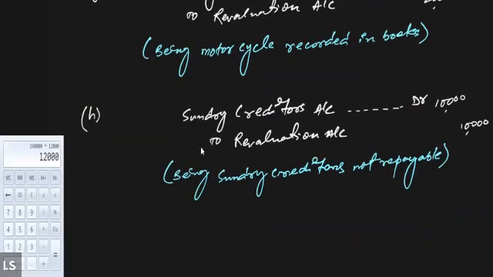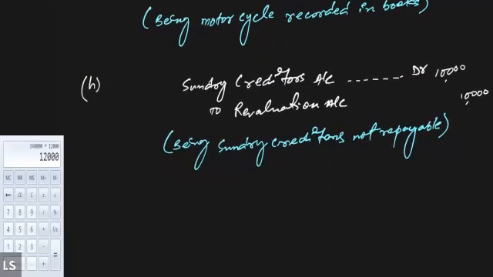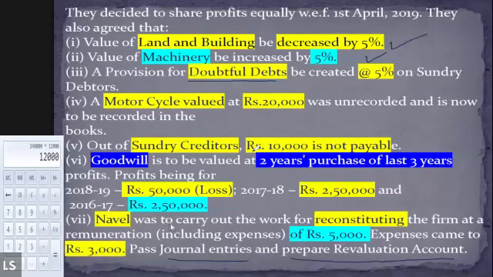Understood, both of you? Yes, sir. Any other thing still left in the question? Point 6 in the question talks about goodwill. Now see, goodwill is a different point altogether. This is not at all related to the revaluation account. Goodwill is to be dealt separately.